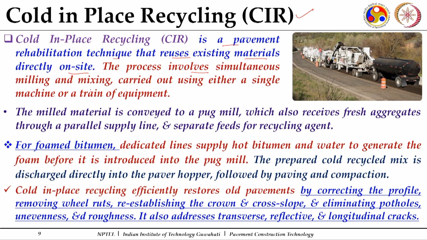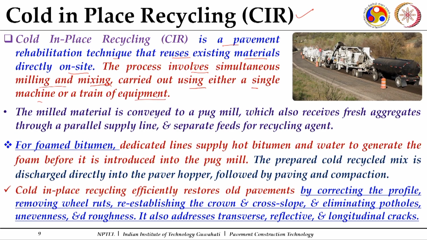The process involves simultaneous milling and mixing. You are milling, removing the existing surface, and mixing it with a recycling agent, and with any virgin aggregates if the gradation is falling short at certain sizes, in addition to stabilizing additives, using either a single machine or a train of equipment.